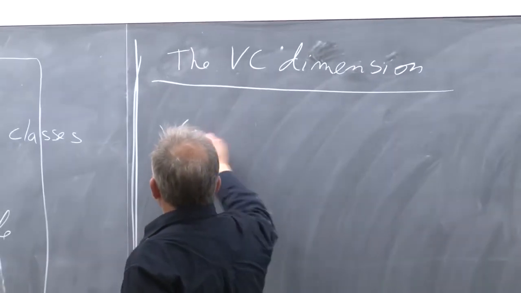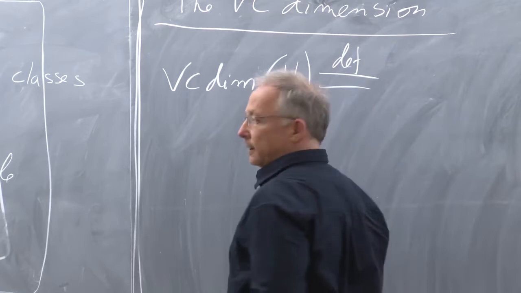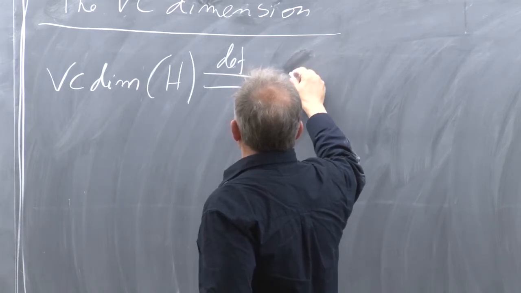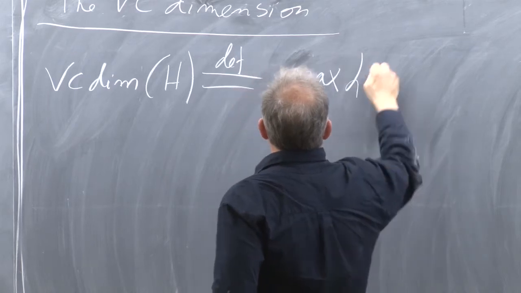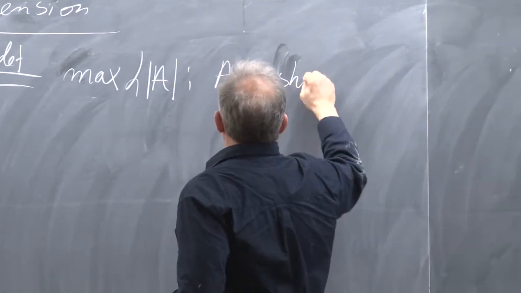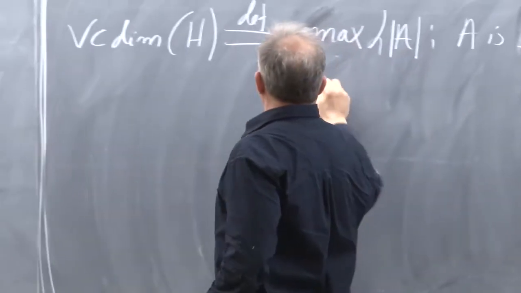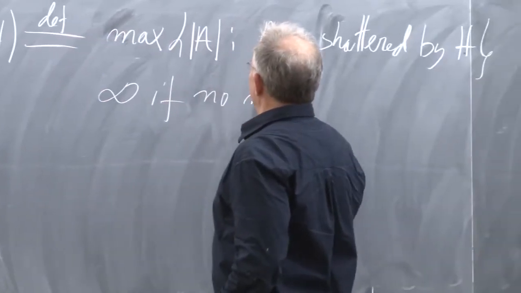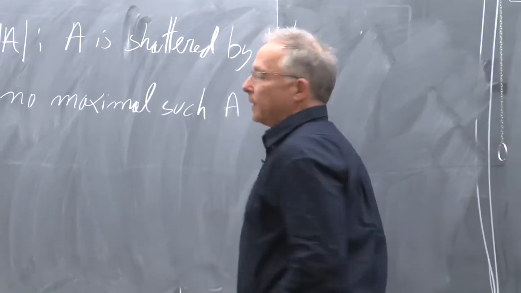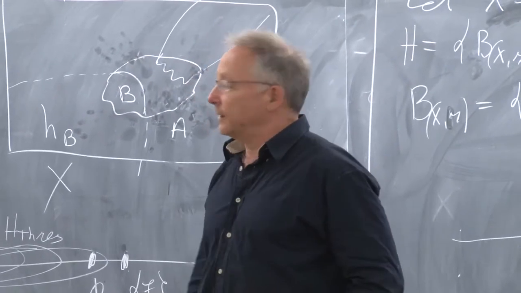So the VC dimension of a class H is defined as the maximum of the size of A such that A is shattered by H, and is infinity if no maximal such A exists. So the VC dimension is the maximal size of a shattered set. It's a property of the class H.